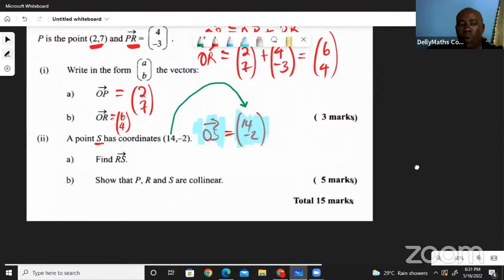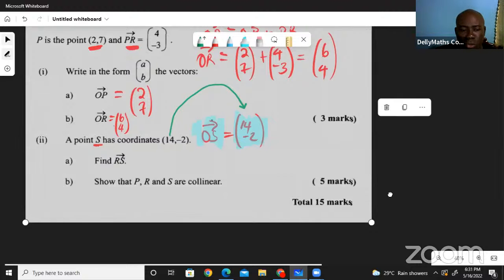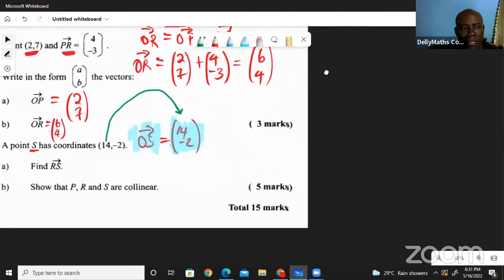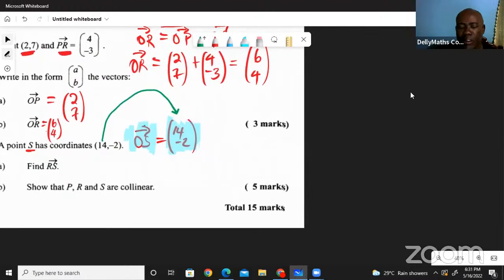If you want to find RS, you're going to be traveling from R to O and then O to S, because there is a link. Let me put this at the side a little bit and pull this down here, and do the working up top.